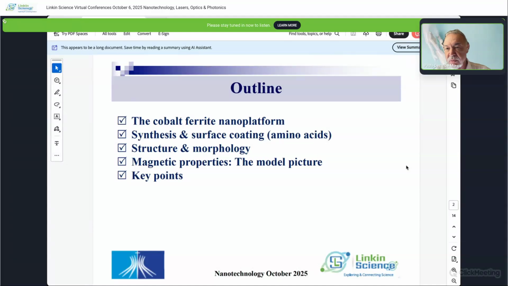I will present to you a couple of characterization of this nanomaterial, and then I will switch to the magnetic properties and the influence of the surface coating. And I will finalize my presentation with key points about the content of this talk.